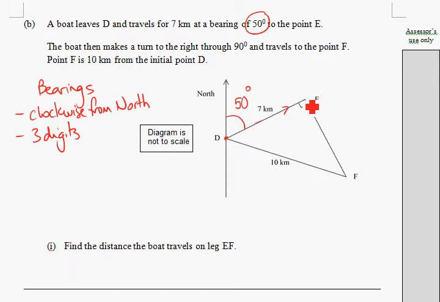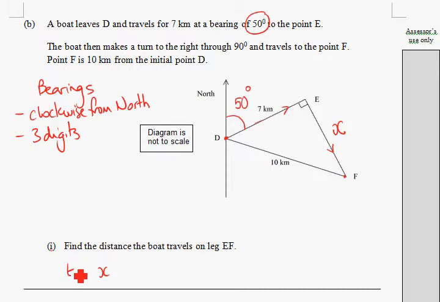The boat then makes a turn to the right through 90, travels to F, down that way. Point F is 10 kilometres from the initial point D. Well, I can see that. Find the distance the boat travels on leg EF, so we're looking for that length there. Clearly this would be a good opportunity to use Pythagoras' theorem again.